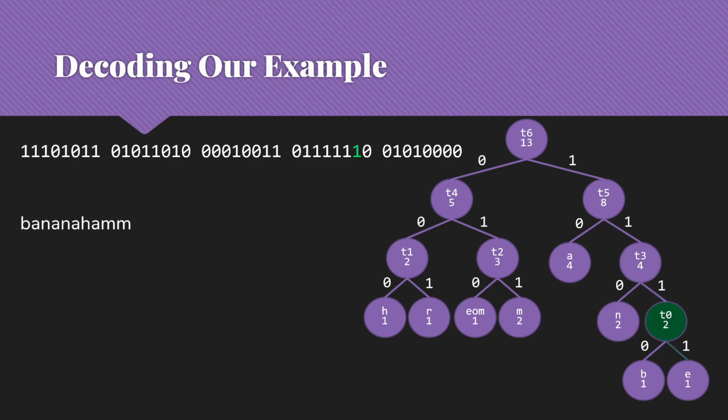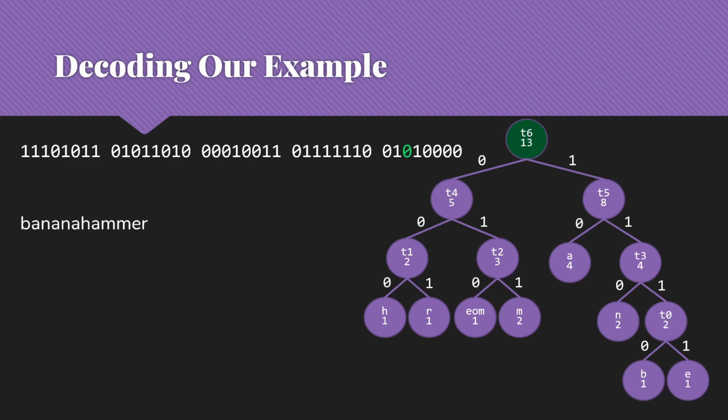And yet another right, where we're going to find our E. We're going to head left to T4. We're going to head left again to T1. Then we're going to head right and pick up that R.